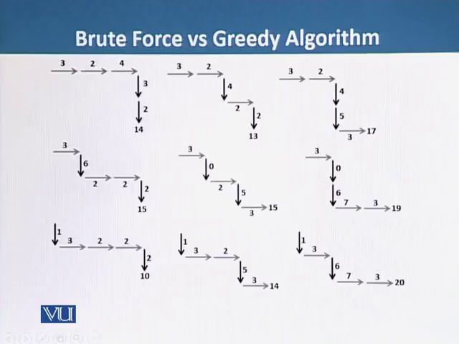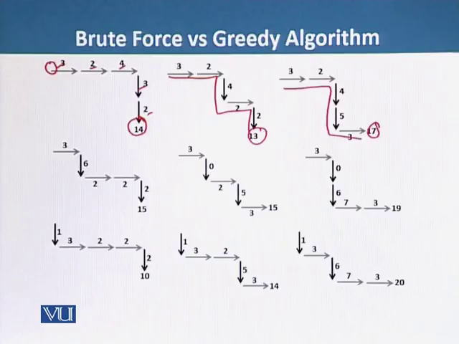So we assume that this is the grid and there are different possibilities for a tourist who starts from the source and ends up in the sink. We will calculate all the values written on the vertices. This is 14, and if the tourist adopts this path, he ends up at the sink with 13 score, and if he uses this path, he ends up with 17, and so on.